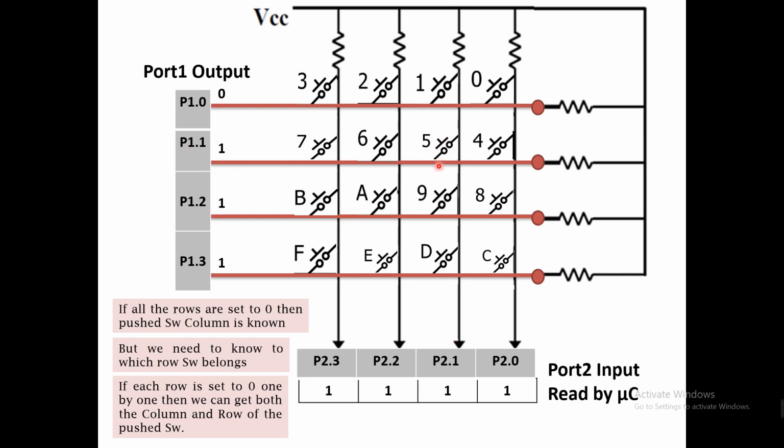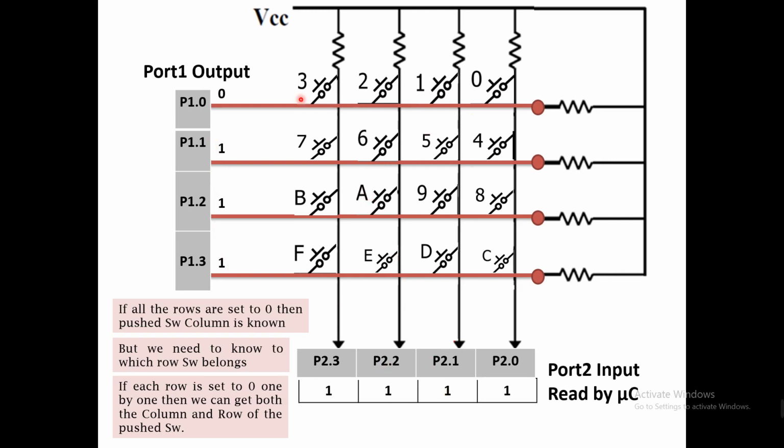By pressing this one, it will travel to here, so this will be 1. So even if this is pressed, no effect will be at this port. It will still remain 1 because the rest of the things are 1.